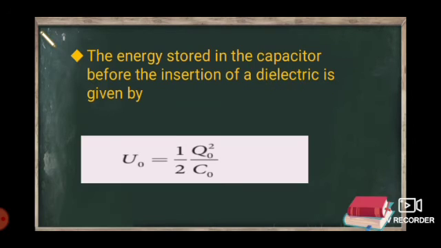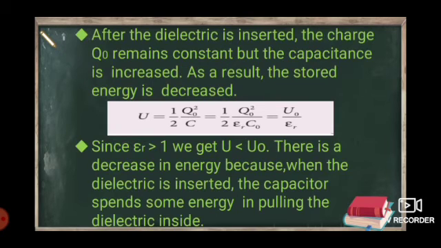Next we are going to discuss the energy stored in the capacitor before the insertion of the dielectric. Before insertion of the dielectric, the potential energy is calculated using the formula U naught is equal to 1 divided by 2 Q naught square divided by C naught. After the dielectric is inserted, the charge Q naught remains constant, as we already discussed. The capacitance increases.